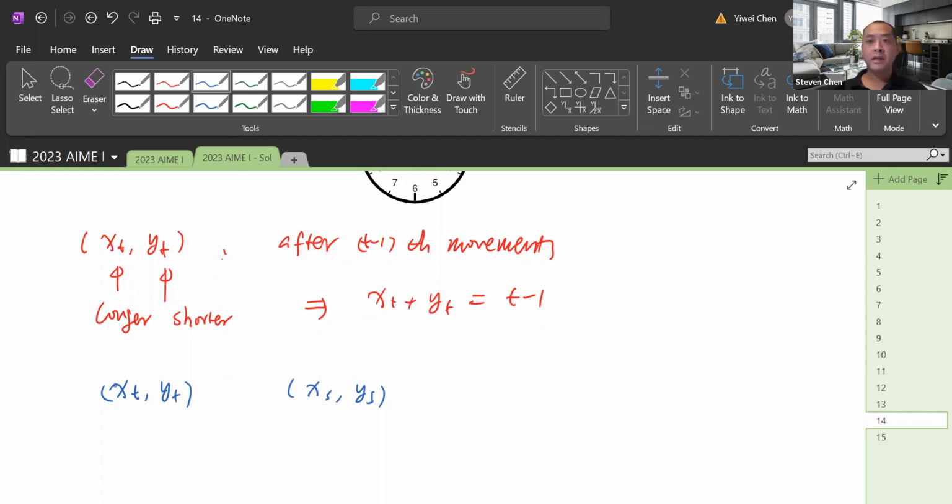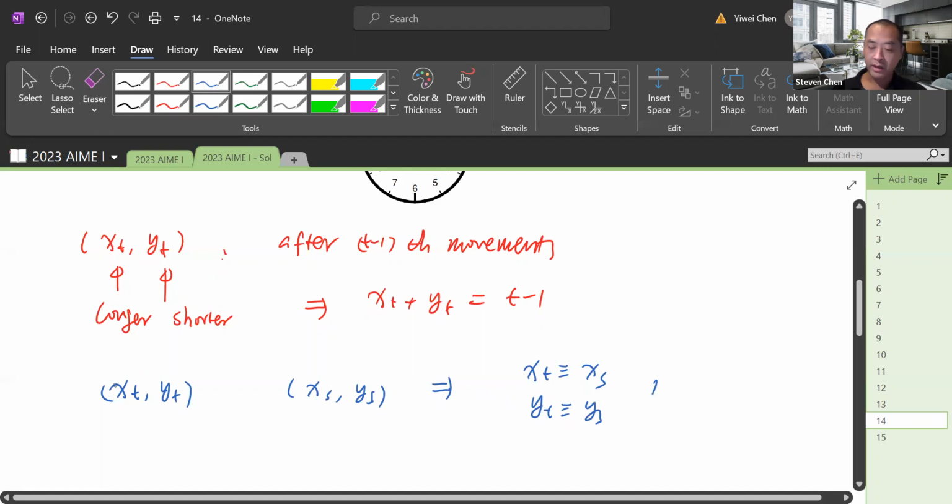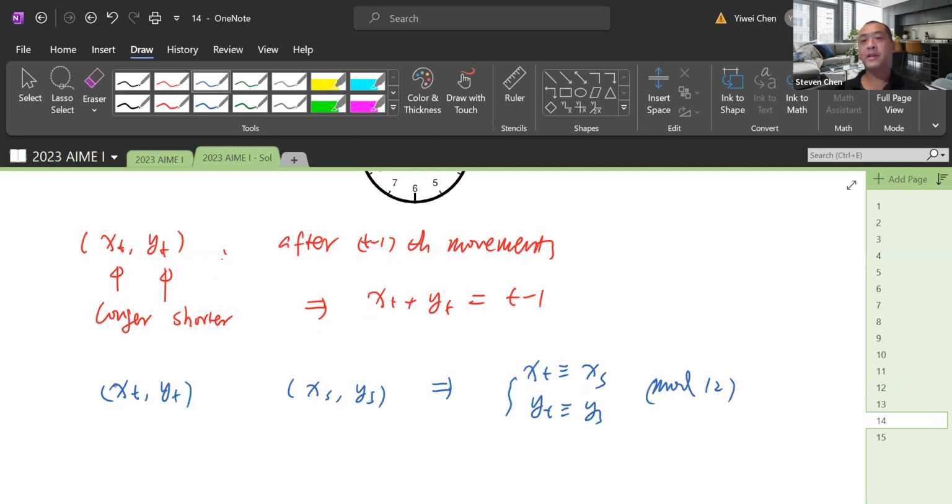Suppose that after the joint t minus 1 movements and after the s minus 1 movements, they get into the same positions. What does that mean? That essentially means that x_t is congruent to x_s and y_t is congruent to y_s modulo 12.